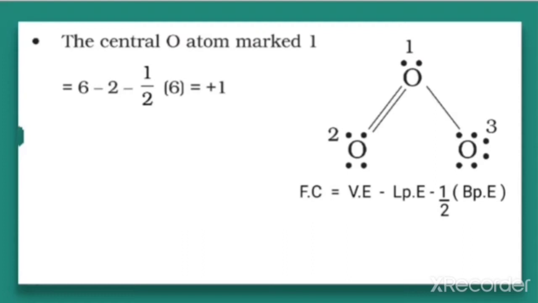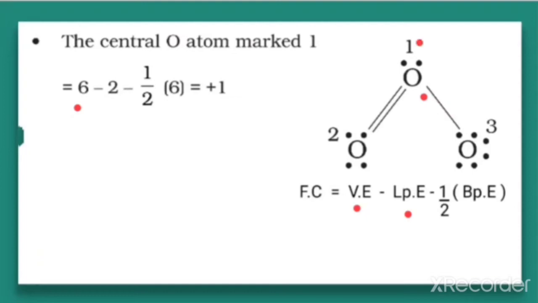Now look at this oxygen atom. We know that the oxygen atom in the free state belongs to group 16, so the valence electron count for oxygen is 6. So what is the formula here? Fc is equal to VE, that is 6 for the oxygen atom, minus LP electrons, lone pair electrons.